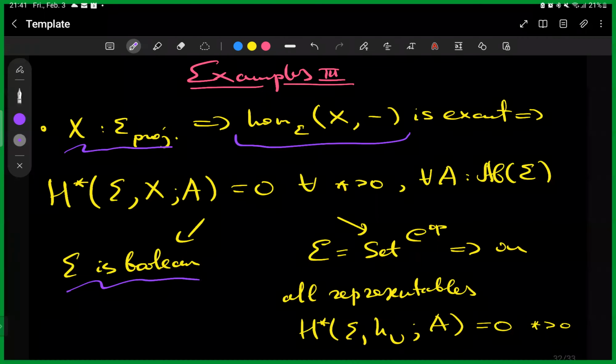In these cases, we have that X is projective. Yes, any X here, and here representable X. I guess it should be denoted by Y of X.